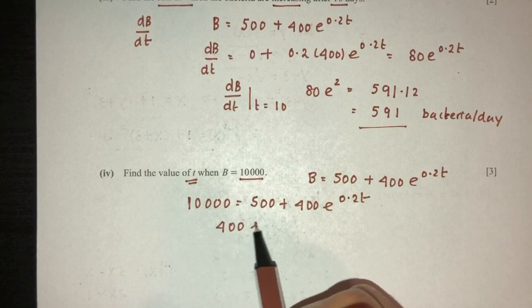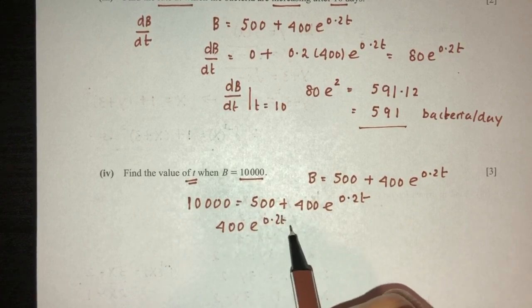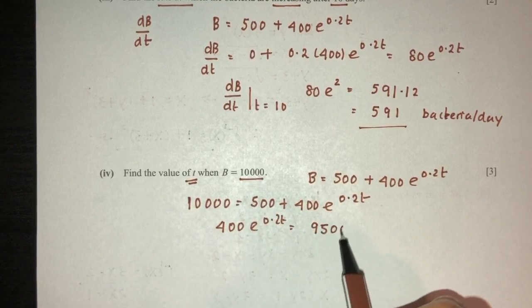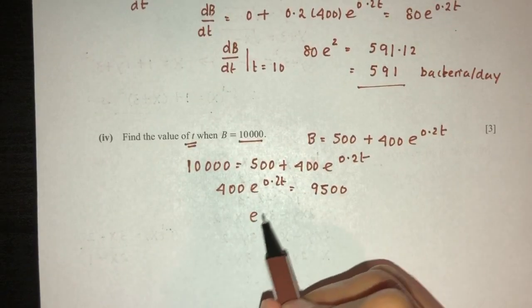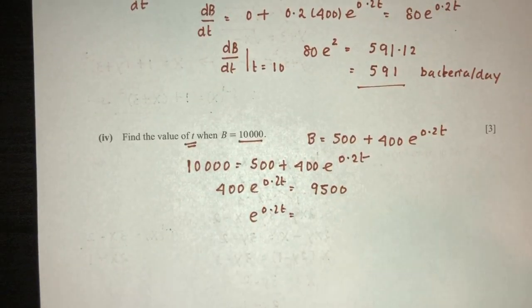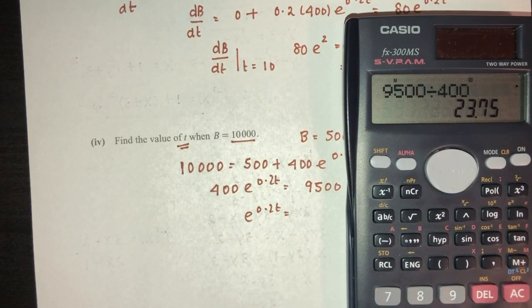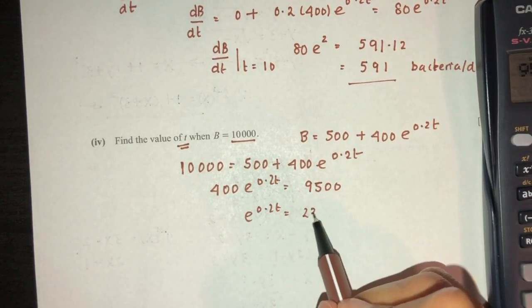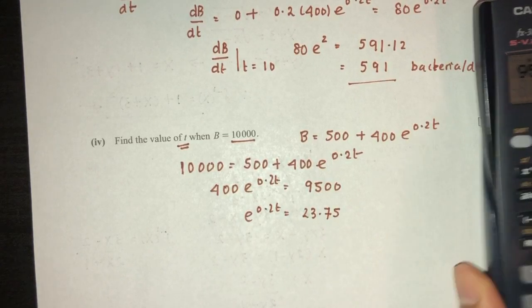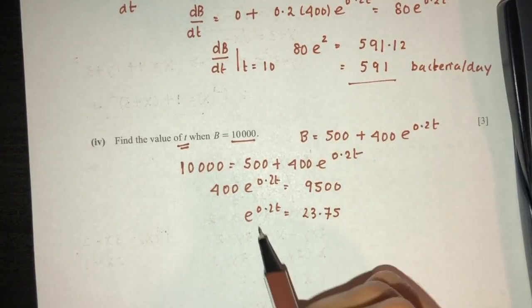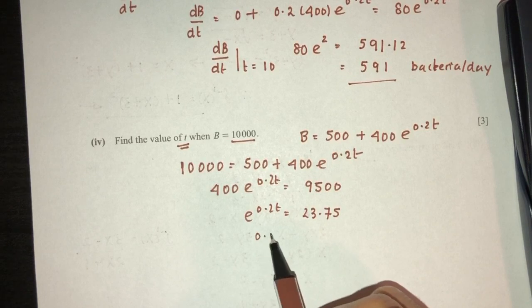So 400 e^(0.2t) is equal to 9500. So e^(0.2t) is equal to 95 divided by 4, that should be 23.75, right? Now we have to take ln to get e out of the way.